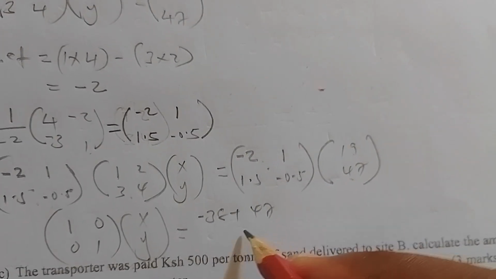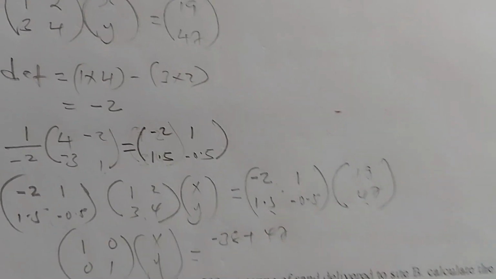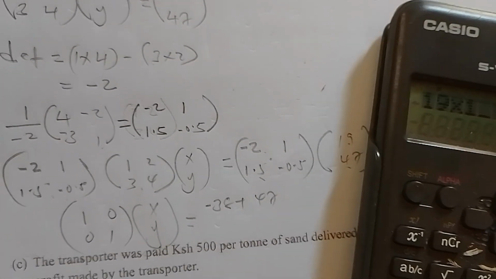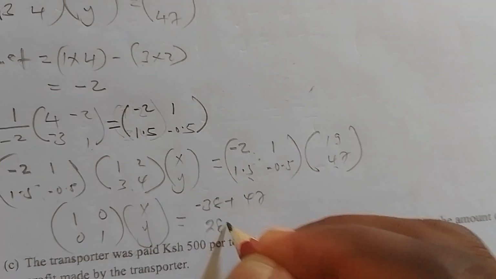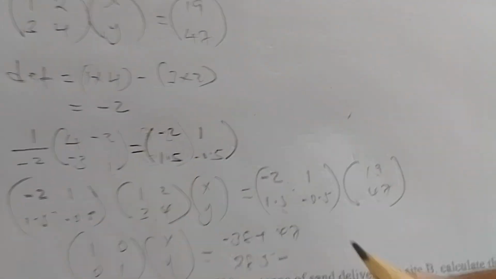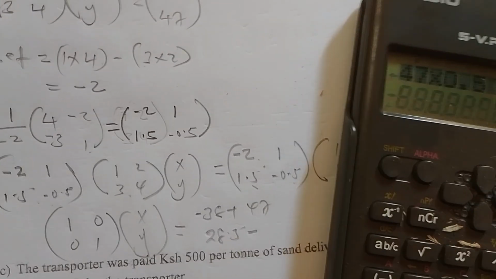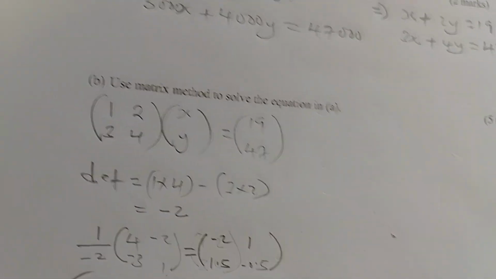And then 19 times 1.5 gives us 28.5, and then minus 47 times 0.5, which is 23.5.